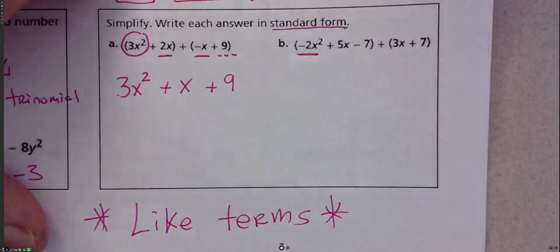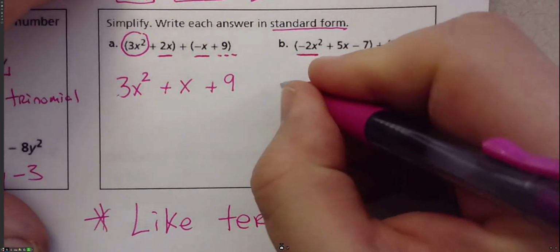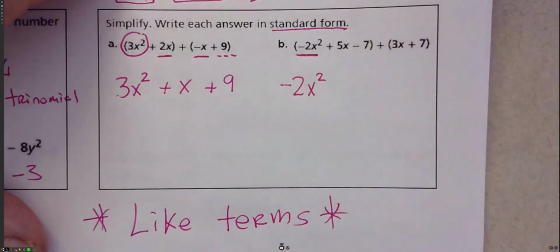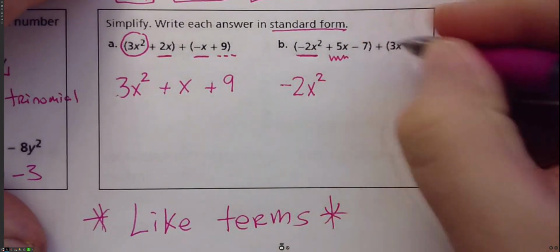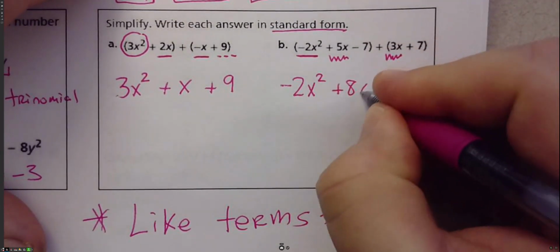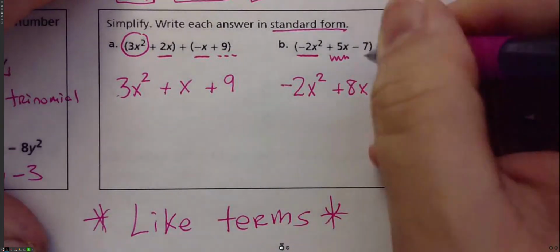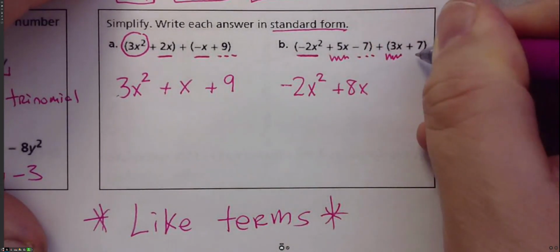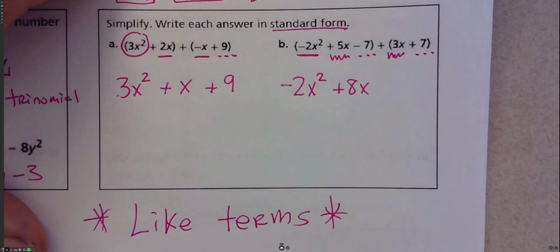So I'm going to underline all my x squareds. Do I have any others? No. So I go negative 2x squared. And then I'm going to do a squiggly line under all of my just x's. So that's plus 8x. And he says we're done because these two equal 0. So yes.